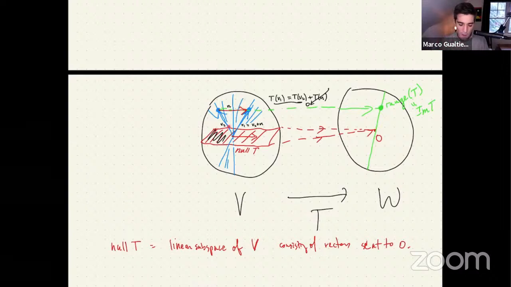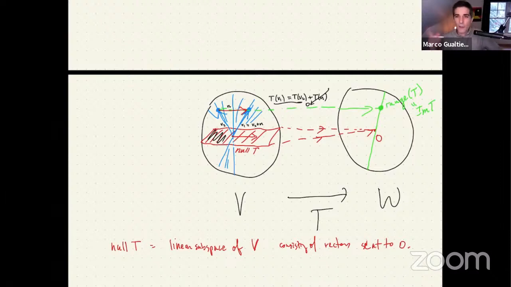Vectors in the null space are sent to this green subspace, the range, and maybe the green and the blue are exactly the same. So instead of studying the image, I could just study this blue stuff because it's not in the null space. The problem is that the map T is not an injection. It has this problem, okay?